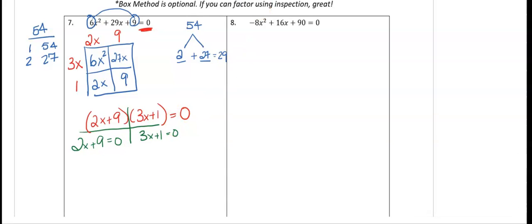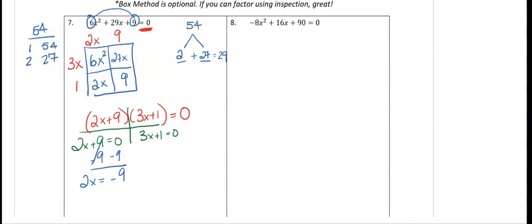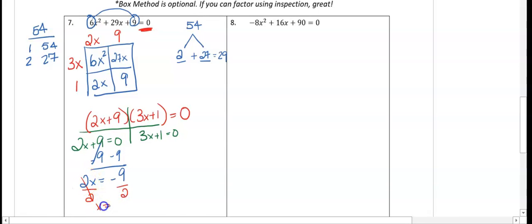To solve those, all I have to do is get everything over to the other side. I'm going to subtract 9 from both sides, which gets me 2x equals -9. Then I'm going to divide both sides by 2, and I get x equals -9/2.